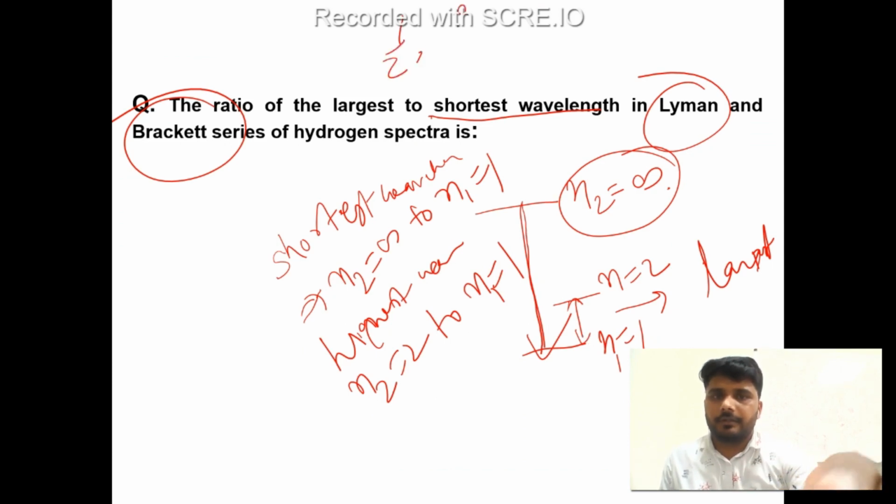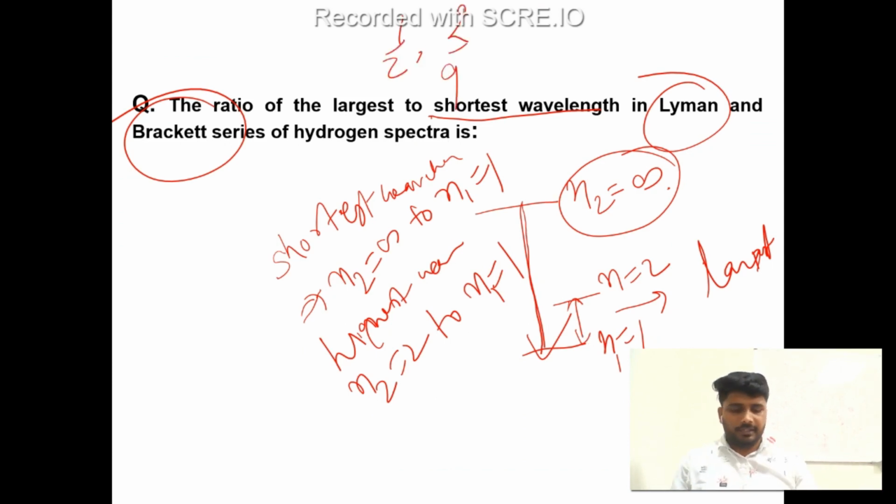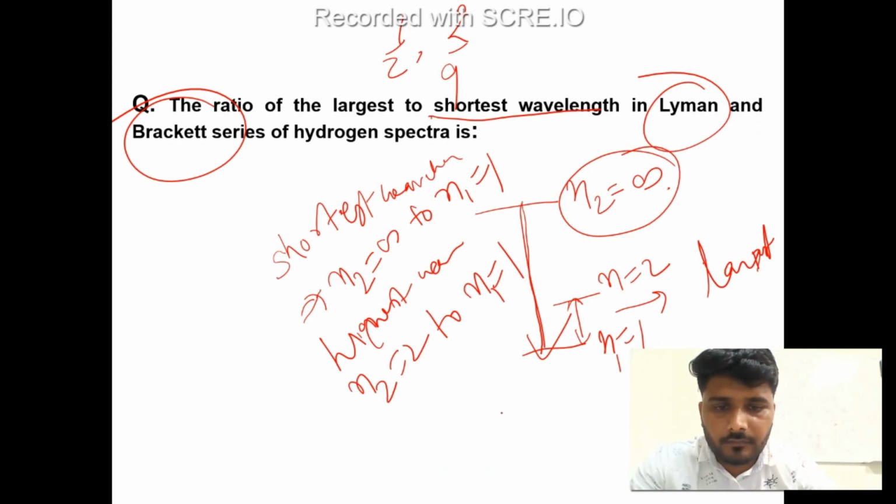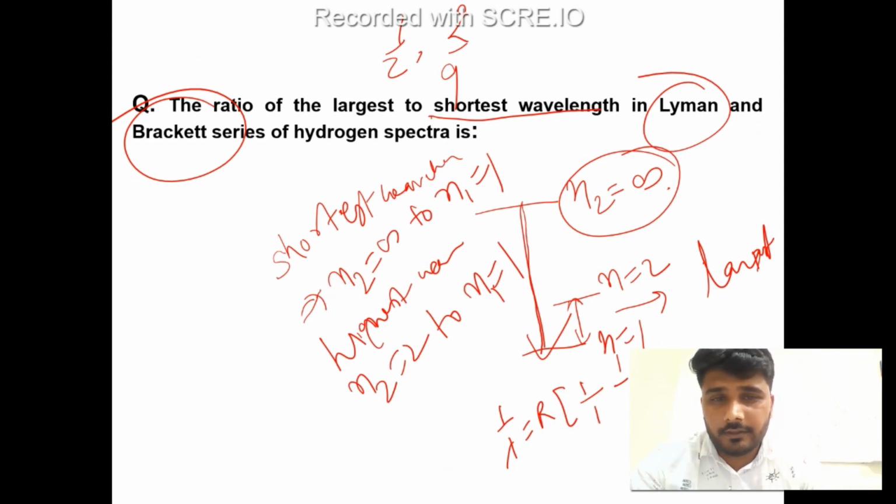1 by 2 and 2 by 9. So let me check. I will solve it. Lambda upon... is R, that 1 minus... No, no, you have to do it for individuals.